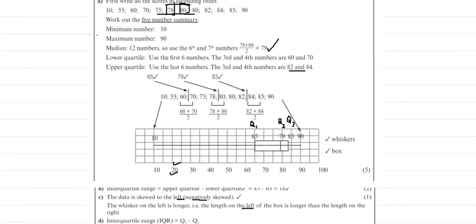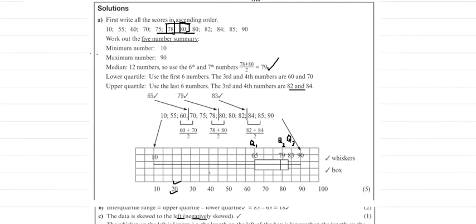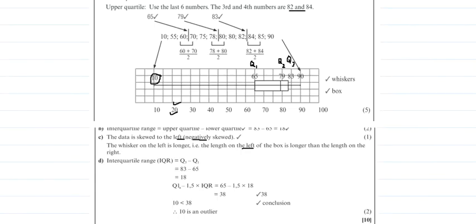But we can also determine mathematically whether 10 is an outlier, using a formula that we learned: Q1 minus 1,5 times IQR.